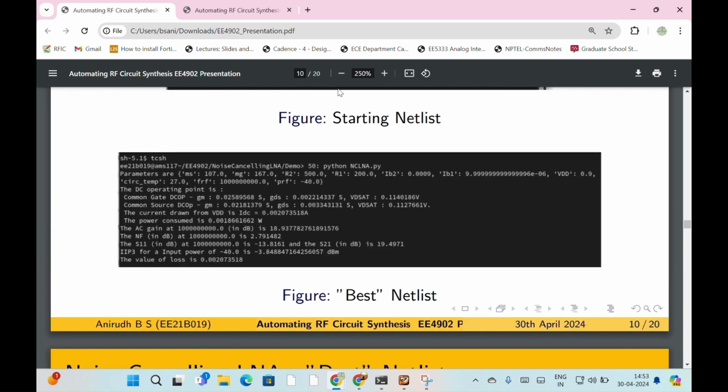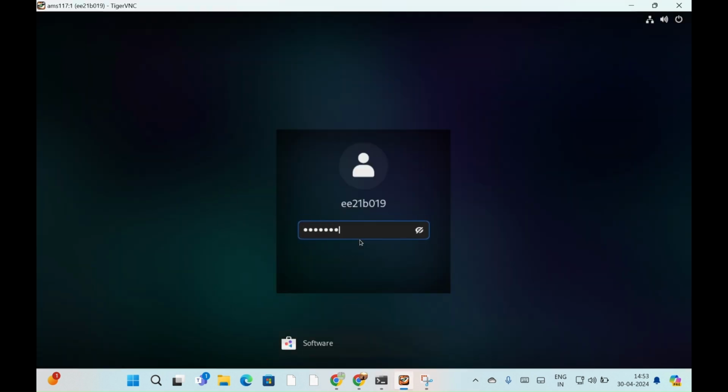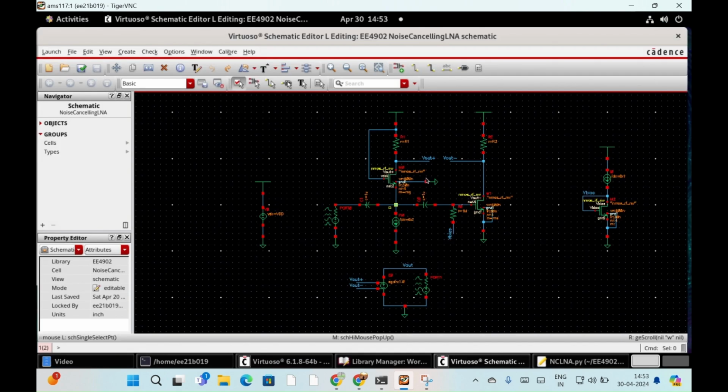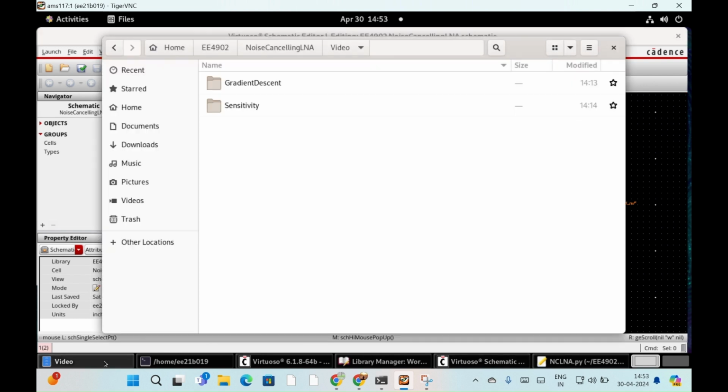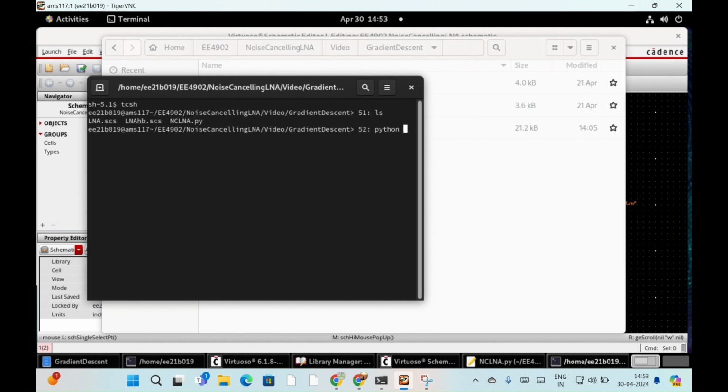Now I'll just run the code for 3 iterations in Cadence. So this is the schematic that has been built for the noise cancelling LNA. So now I'll run the code.